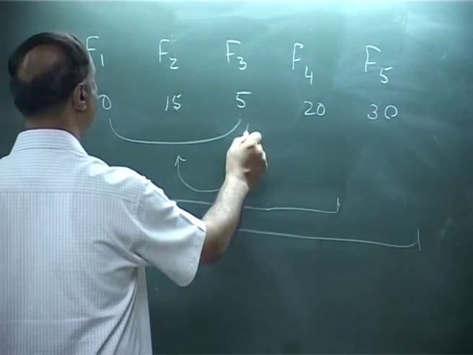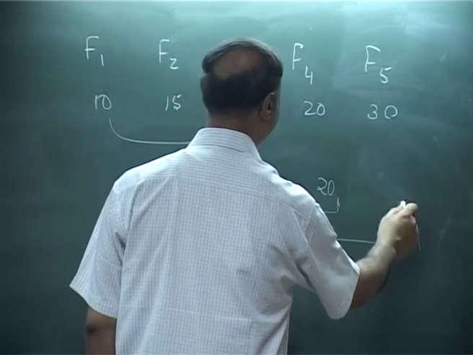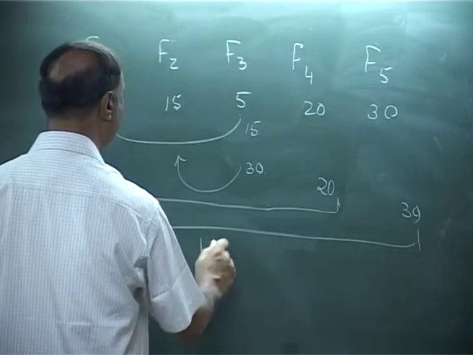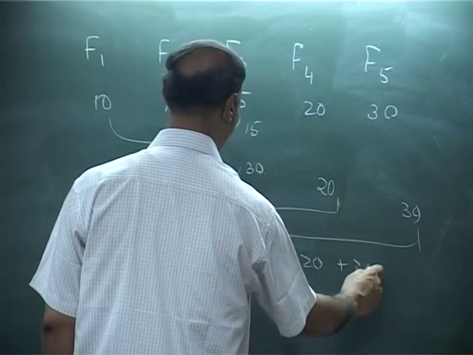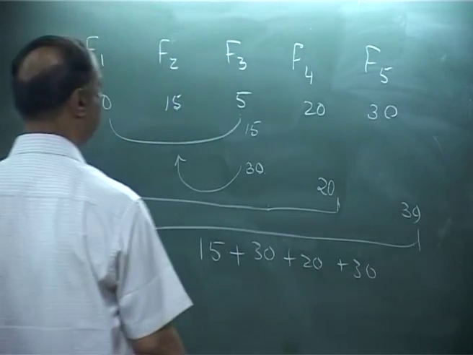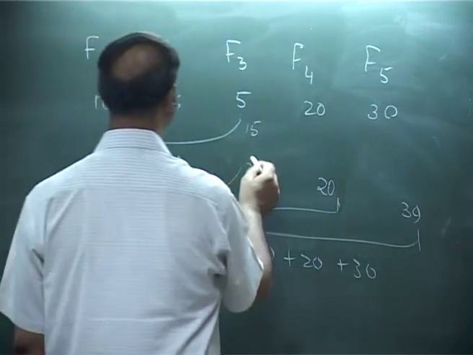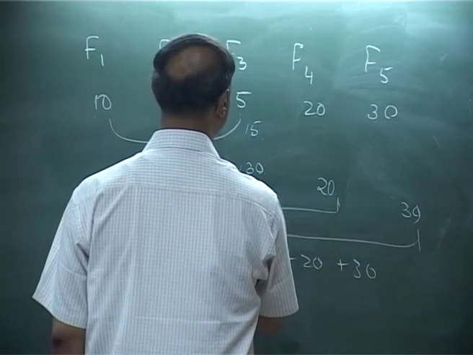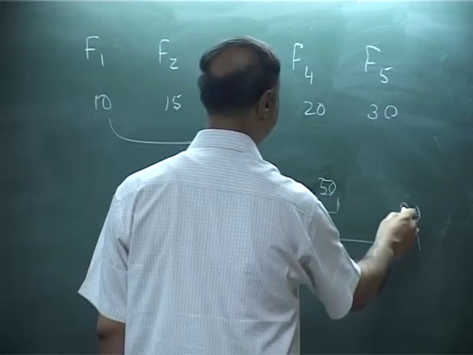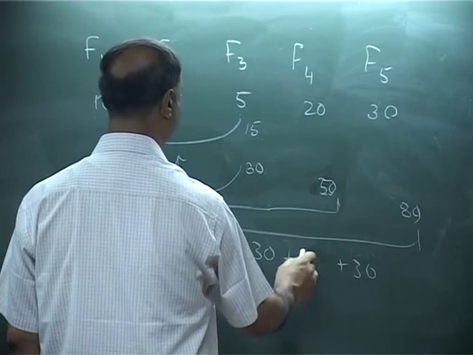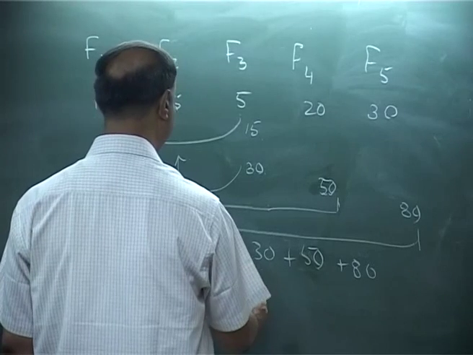In that case, here it is 15, here 15 plus 15, 30, here 30 plus 20, 50, and here it is 80. So the total is 175.